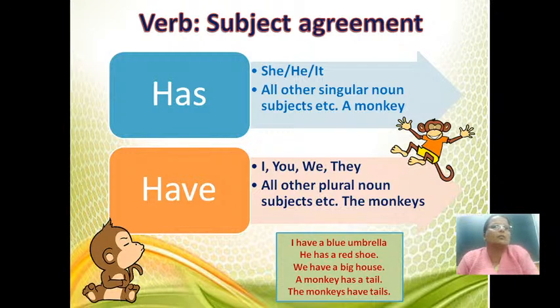The children who are typing right now, stop typing. I give time for you to type in the chat box. Do typing at that time only. When the teacher is explaining, don't type in the chat box. Otherwise you will not understand the concept, and you will keep on typing wrong answers.